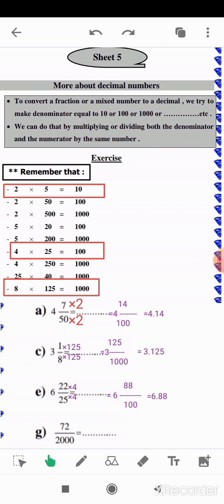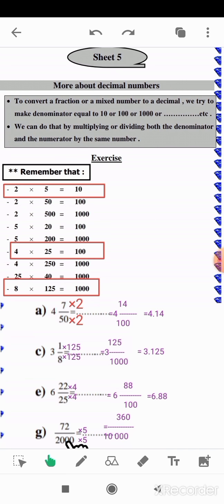Last example, we have 72 over 2000. We have 2 and 2, and 2 is 5, so I will multiply by 5 here. So 5 by 2 equals 10, 0 and carry 1. 5 by 7 equals 35, 35 and 1, 36.